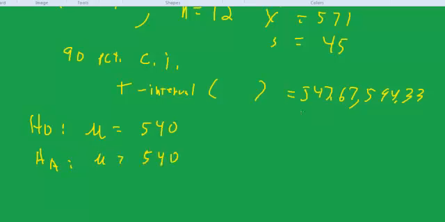And because the state average is outside the confidence interval, I'm pretty sure we're going to reject the null hypothesis at something like a 5% level of significance. But we could go ahead and do the test. It's probably sitting in the calculator anyway, so let's do it.